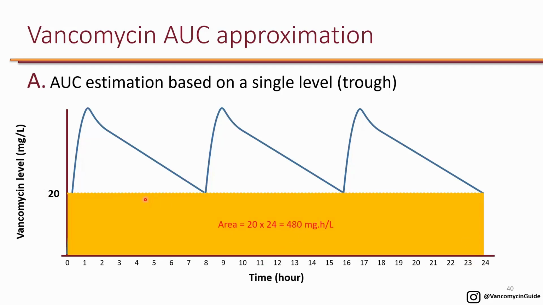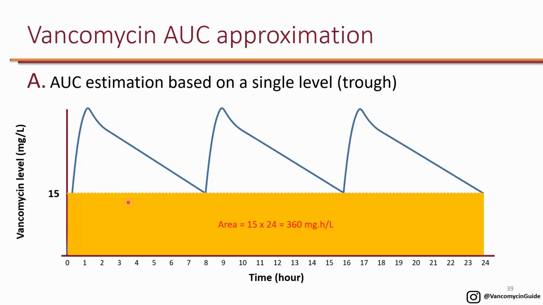So you definitely have achieved an AUC of at least 400, because you also have all of these areas. At the very minimum, you have 480 plus all of these. So a trough of 20 is an overkill. You definitely achieved an AUC of more than 400.